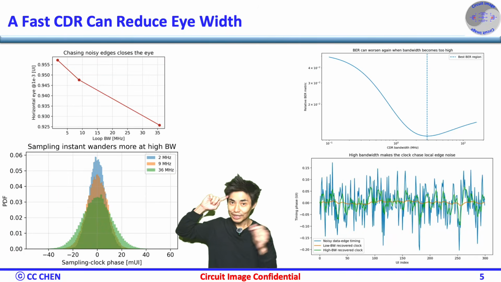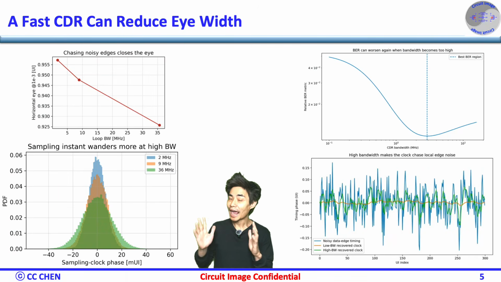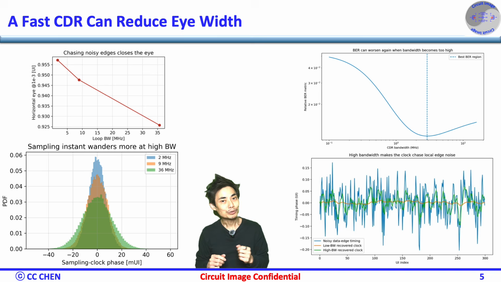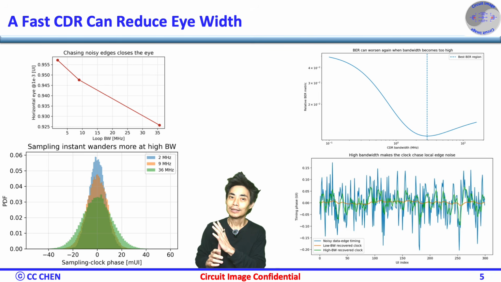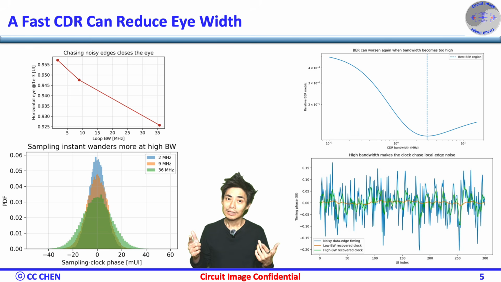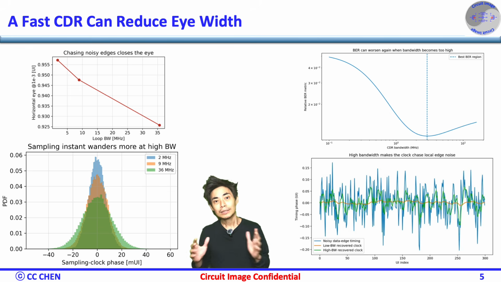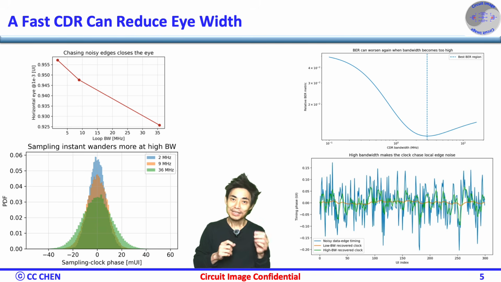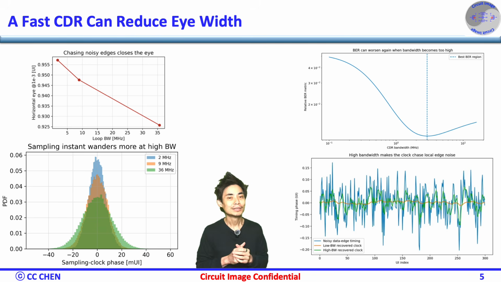Imagine the equalized eye has noisy edges. Every transition is slightly different. Some edges are early, some edges are late. If the CDR is too fast, it tries to correct after every noisy edge. Now, the sampling clock is no longer stable. It moves left and right with the edge noise.